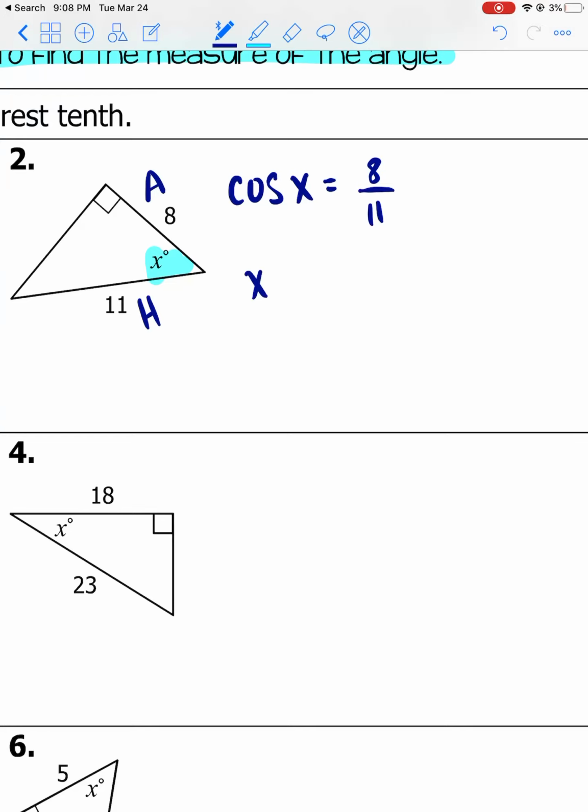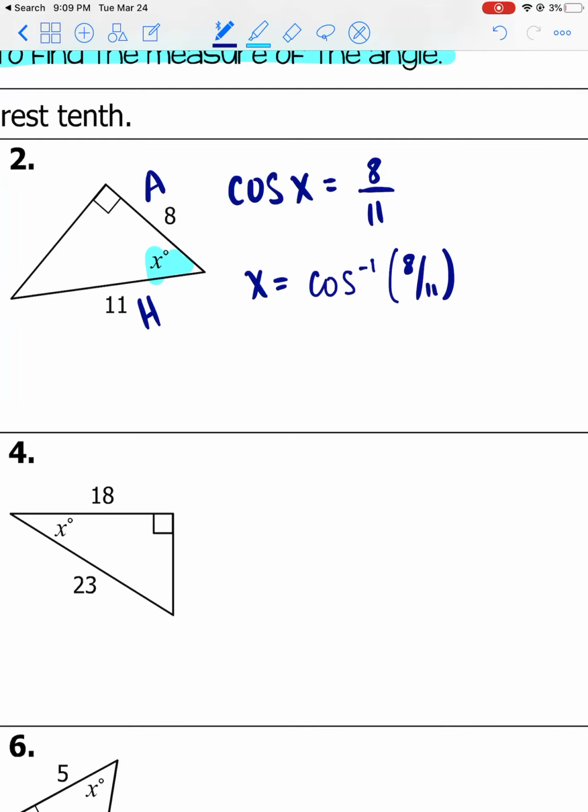So same thing, you're going to go to the secondary function on your calculator, so press shift or second or whatever it is in your calculator, cosine, and then you should get that cosine negative 1, the inverse, and then 8 over 11, and you're going to get 43.341, etc.